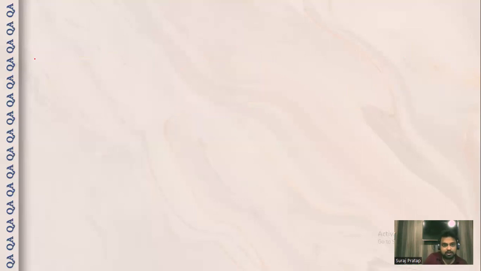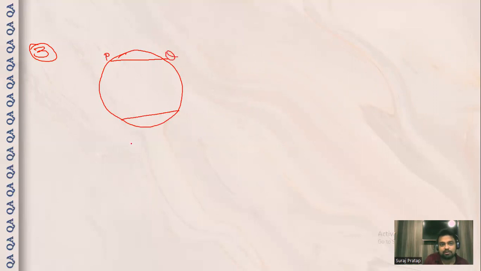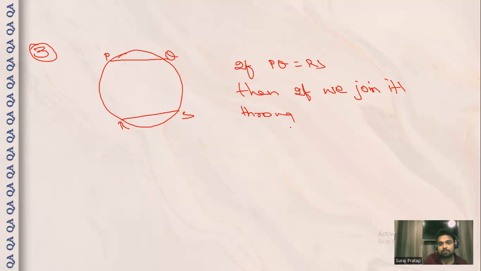The third theorem says, if there are two equal chords, let's say this is a chord and this is another chord, and PQ equals RS, then if we join them through the center, angle POQ will be equal to angle ROS.